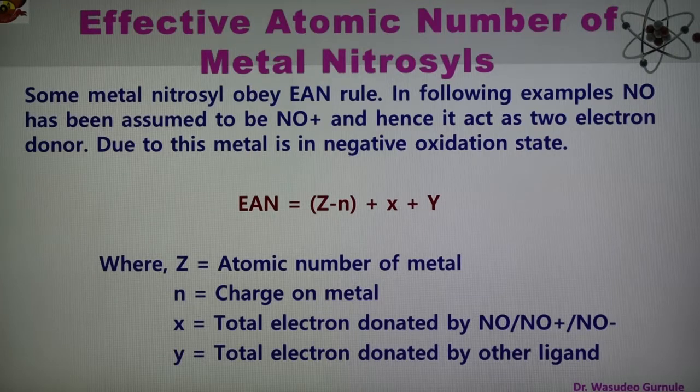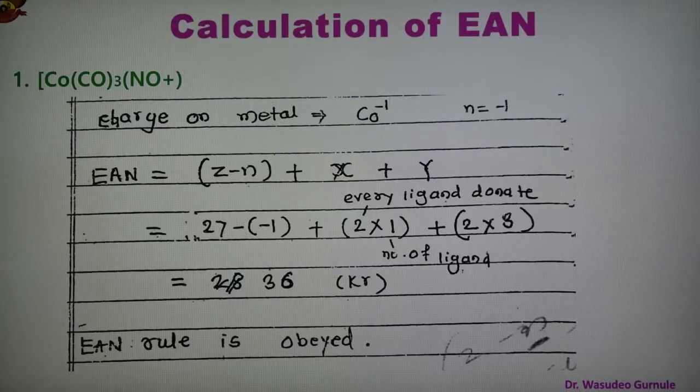If other ligands are present in the nitrosyl, then Y is the electrons donated by those other ligands.